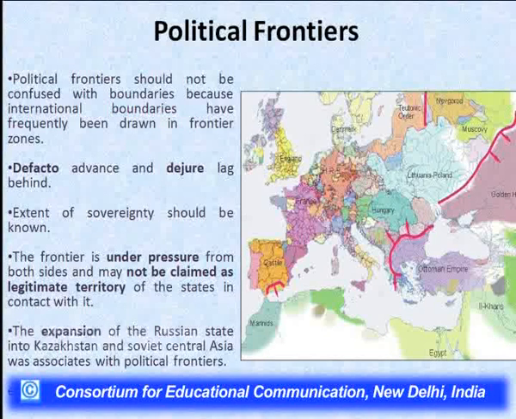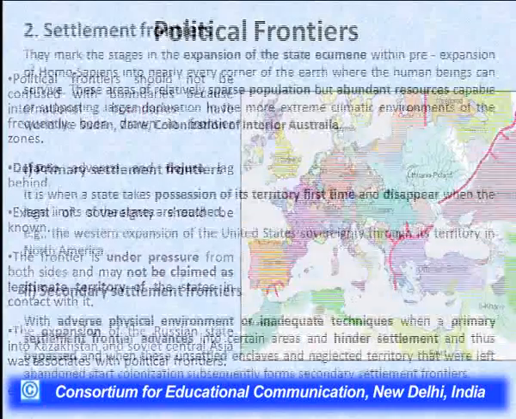We can see examples of political frontiers, like the expansion of the Russian state into Kazakhstan and Soviet Central Asia, which was very much associated with political frontiers. We can also see the example of the southern part of the Saudi Arabia region, where political frontiers are prevalent.